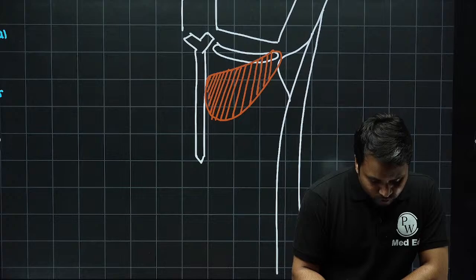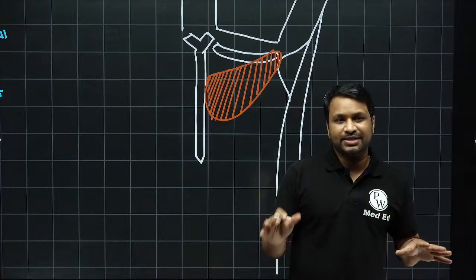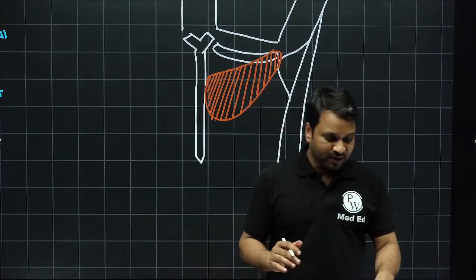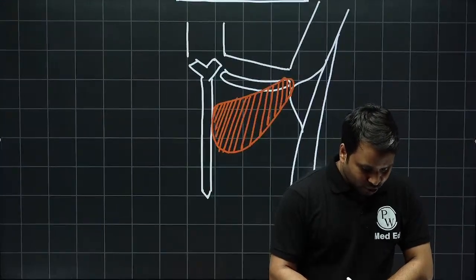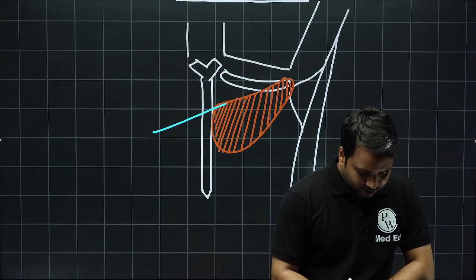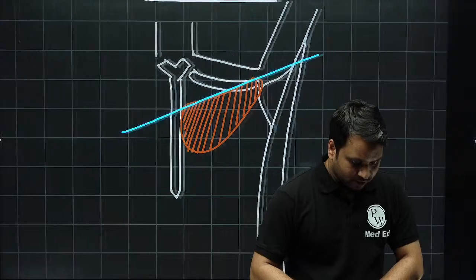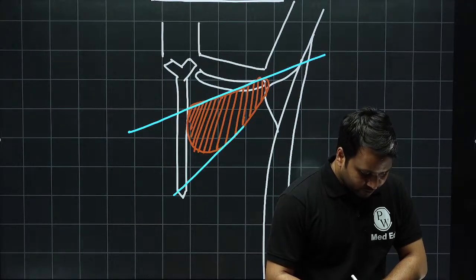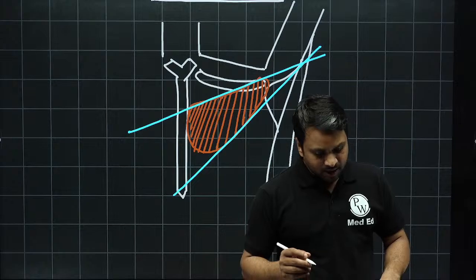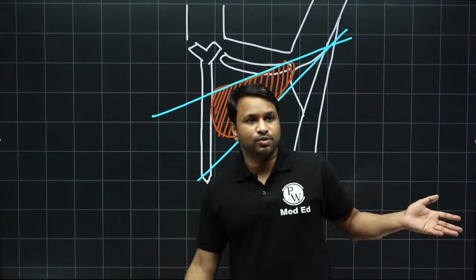The simplest way is to draw one line that crosses the superior border of the pectoralis minor, and another line that crosses the inferior border. Now you have three distinctive zones, right?